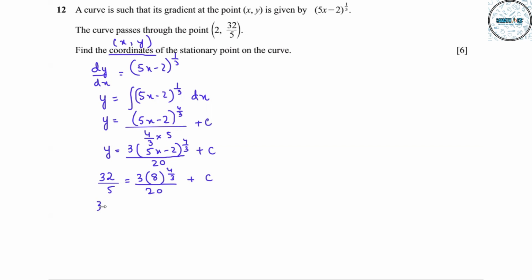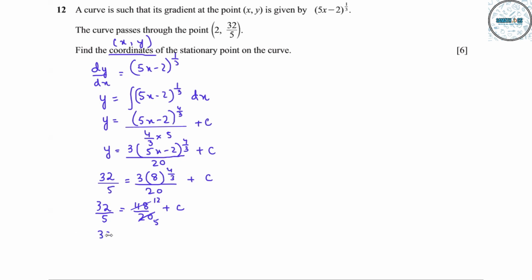So this is 32 upon 5. As it is power 1 upon 3, the cube root of 8 is 2 and 2 power 4 is 16. And 16 multiplied by 3 is 48. So 48 upon 20 plus c, we can simplify it. 4 5s are 20 and 4 12s are 48.